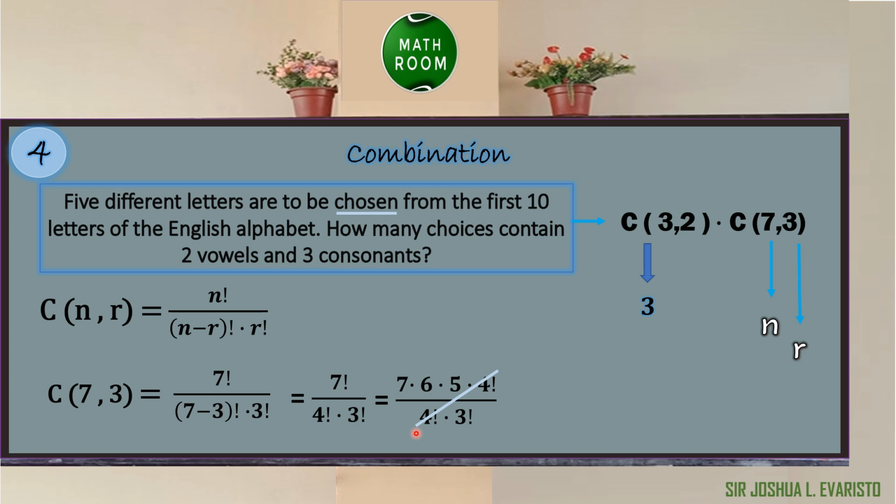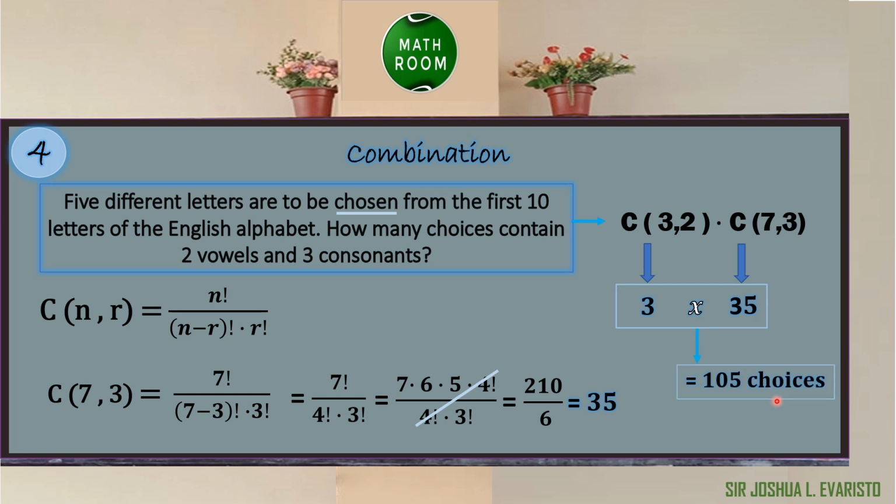Multiply the remaining factors. 7 times 6 times 5 is equal to 210 over 3 factorial is 3 times 2 times 1, which is equal to 6. Last step, 210 divided by 6 is equal to 35. Thus, combination of 7, 3 is equal to 35. Multiply 3 times 35, we have 105 choices contain 2 vowels and 3 consonants.